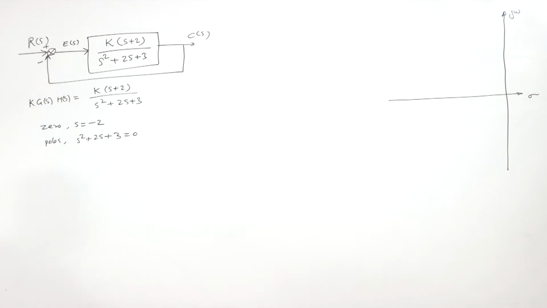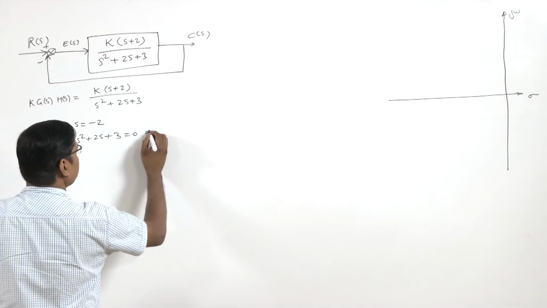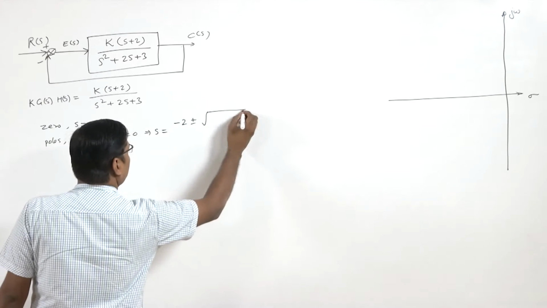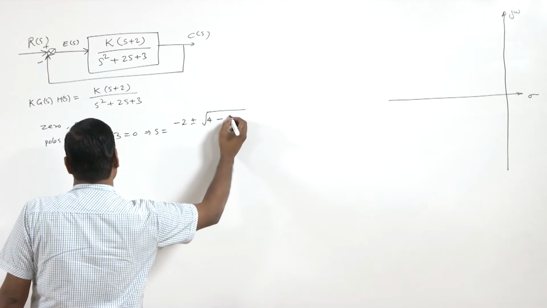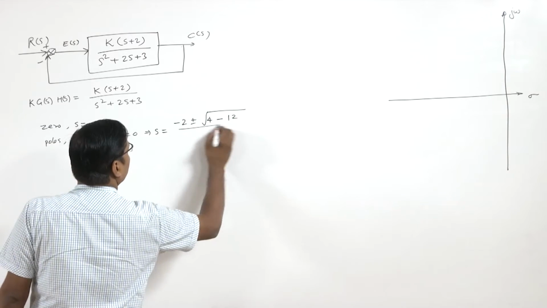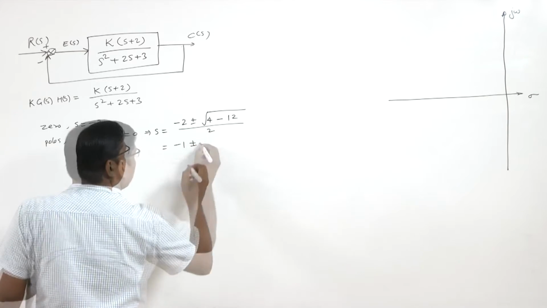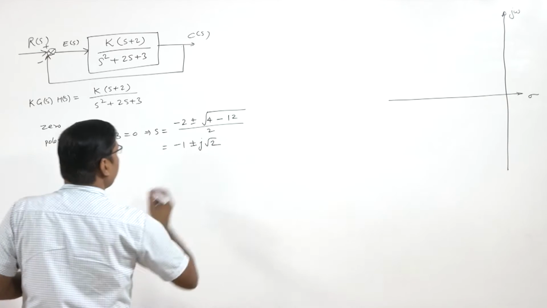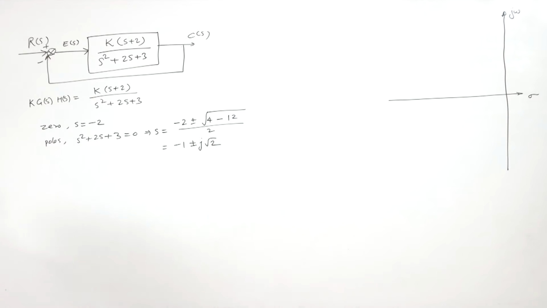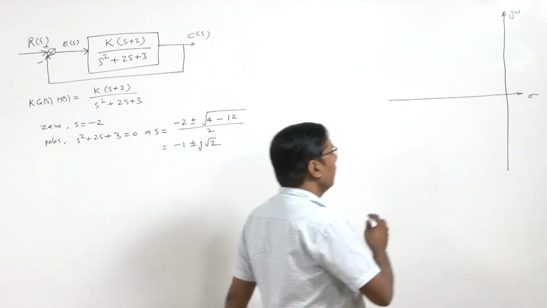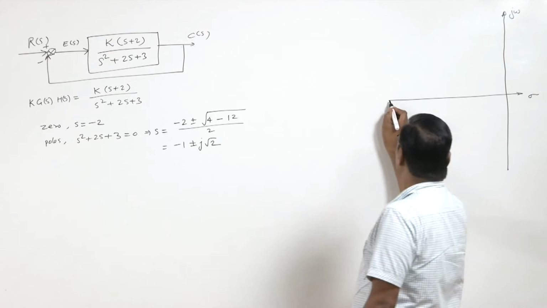So we will get the poles, and we are getting s equal to minus 1 plus minus j root 2.